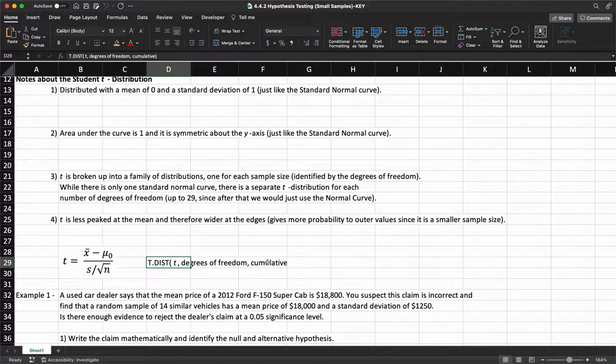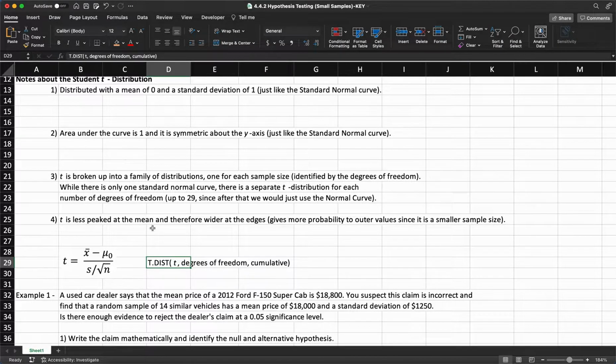And so what we're going to use as we go through the couple of examples that we have here is, first, unlike the norm.dist function where all you had to know was the value you were interested in, the mean and the standard deviation, and then say that you wanted the cumulative, and it would do the rest for you in terms of changing your value into a z-score and then finding that value on the z table, the t-distribution only gives us the values on the t-table, and so we have to actually find the t-score first.